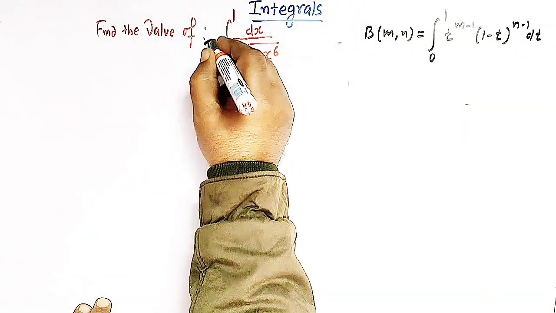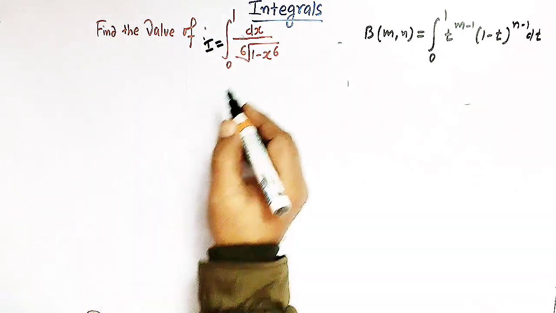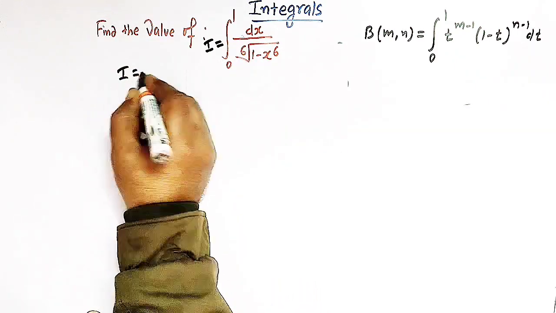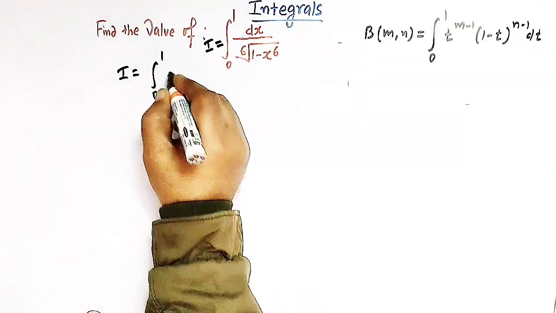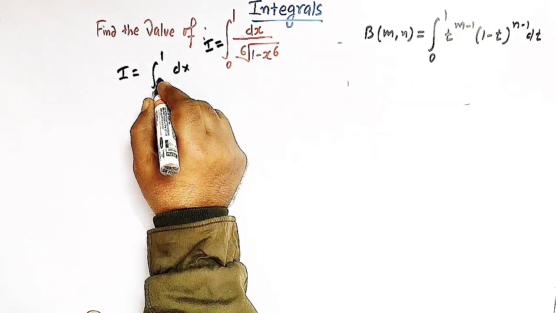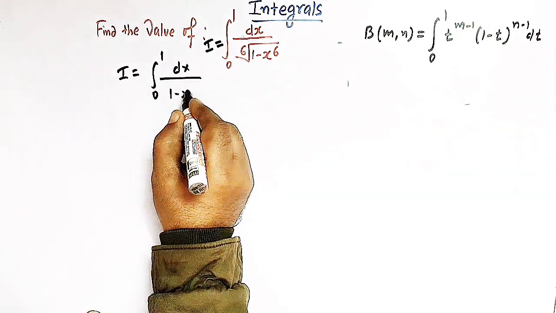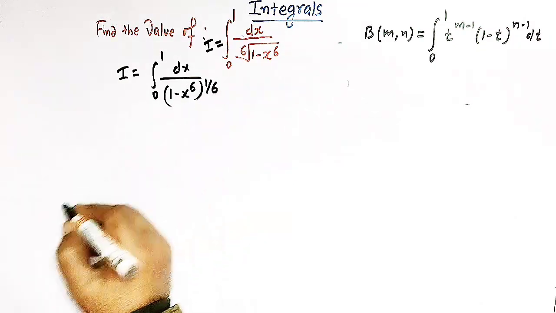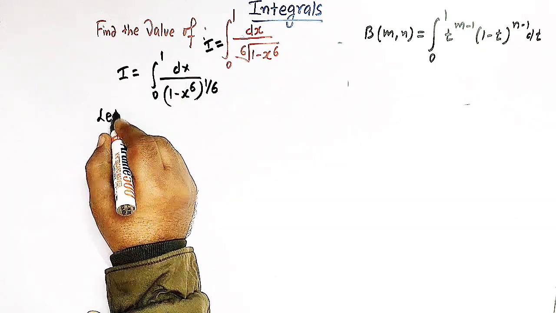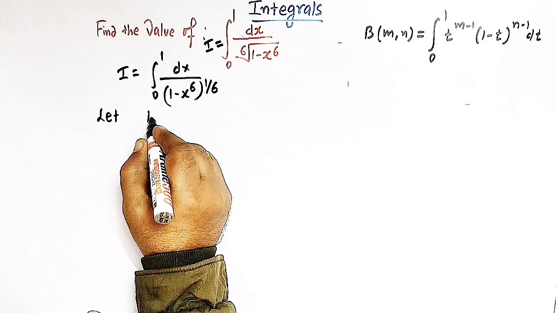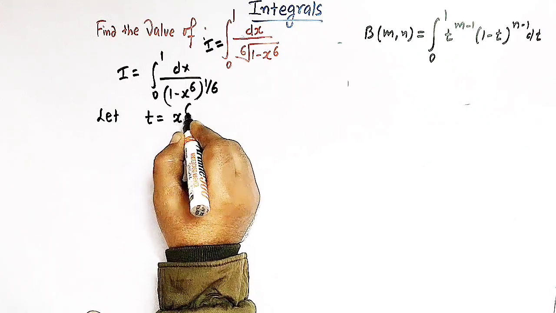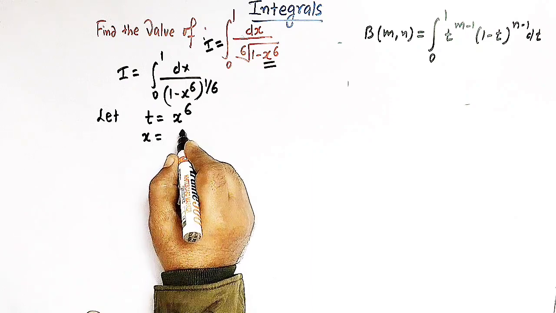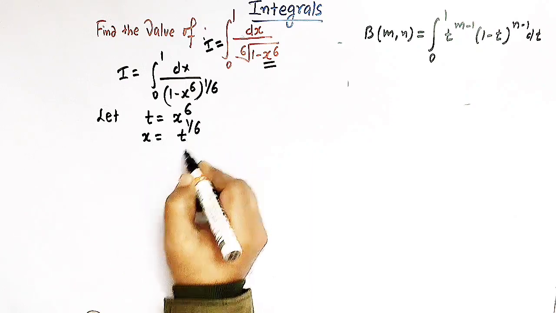So let us take this integral as I, and here what we will do, we'll first write this integral I as 0 to 1, we have dx divided by 1 minus x raised to 6 raised to 1 over 6, and let us make this substitution, that is t is equal to x raised to 6, so that we can write x is equal to t raised to 1 over 6.